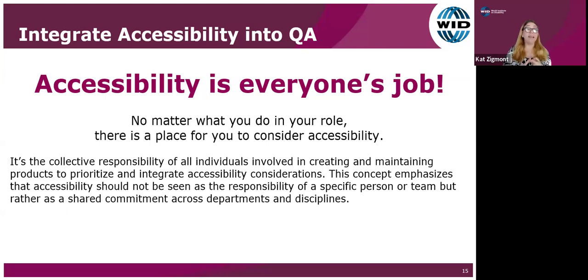So I want to tell everybody here that it's a collective responsibility of everyone for creating and maintaining, as well as prioritizing and integrating accessibility considerations into everything that you do. And in each discipline, there'll be a place for accessibility.